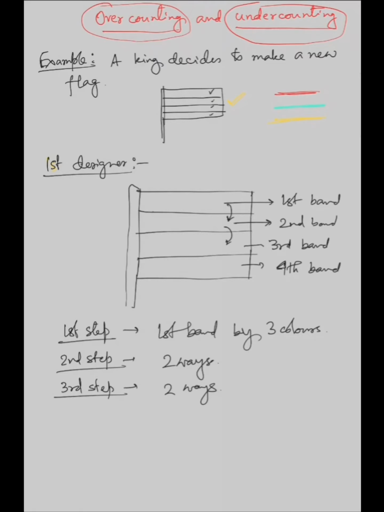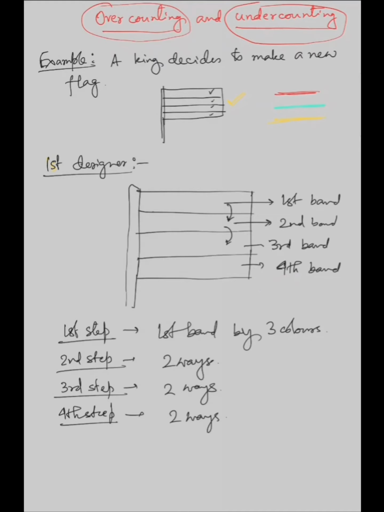One of the colors has been applied in the third band, so two colors are left, and he can choose from those two colors. So two ways he may choose for the fourth band.